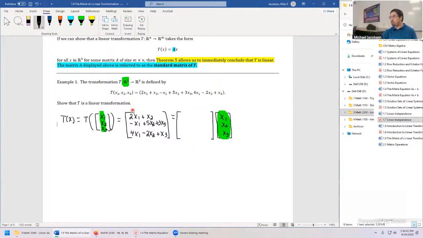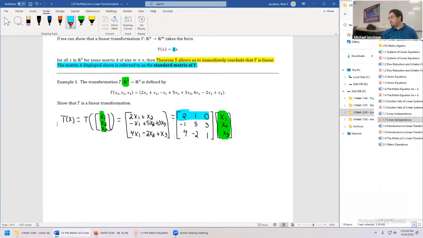All you really did was pull coefficients. So column 1 is all the coefficients relative to variable x1. So 2, negative 1, 4. Likewise, column 2 is going to be 1, 5, negative 2, because those are the entries relative to x2. Finally, column 3 would be 0, 3, 1.